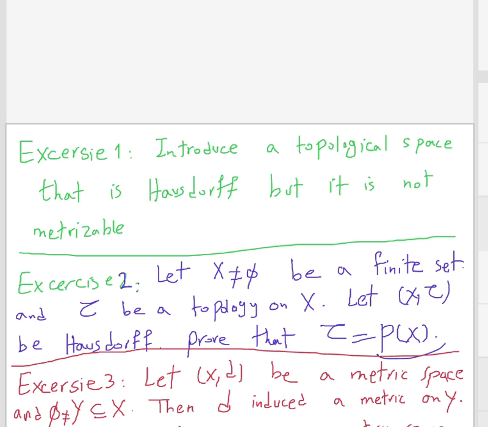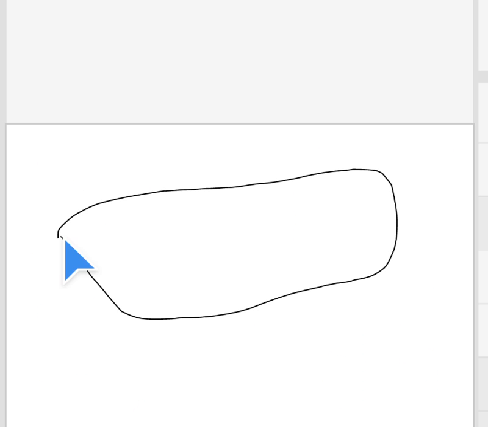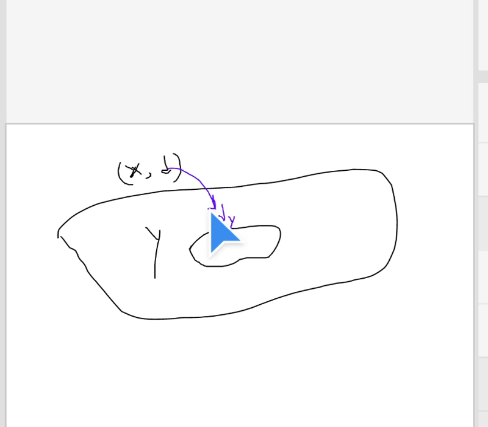I hint exercise 3 is very trivial. This is X with a metric space. This is Y. I solve it for you. You define a metric on Y, I show it with d_Y, induced by d.